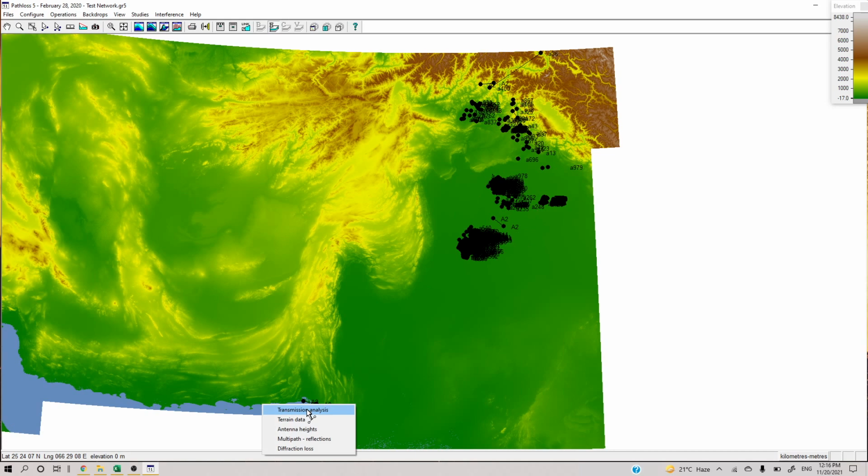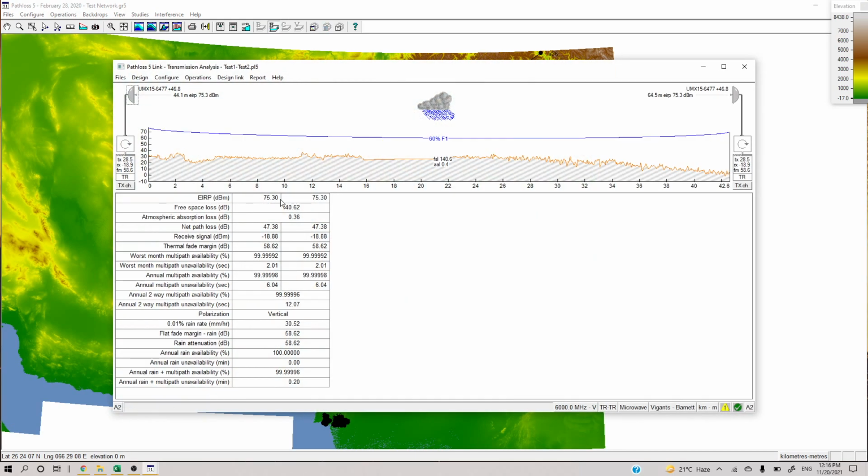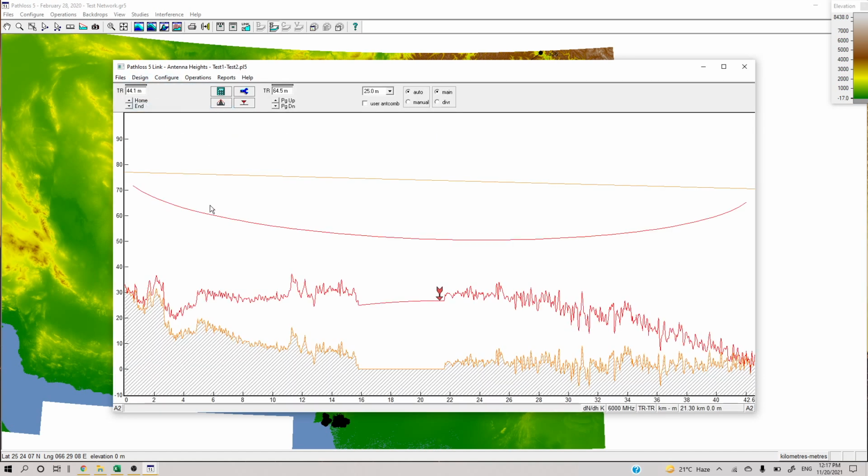The third link that I will show you now, here also you can see that this link is going over this water area. This area is fully flat. But I think I should have chosen a place where the water area is much larger.